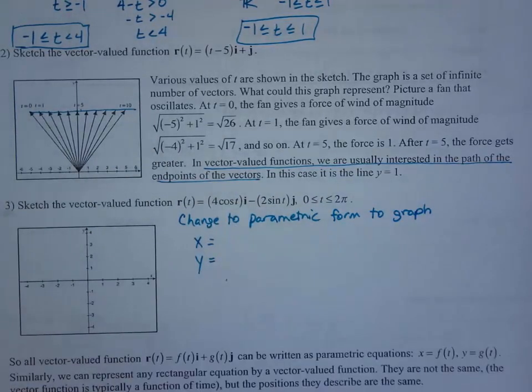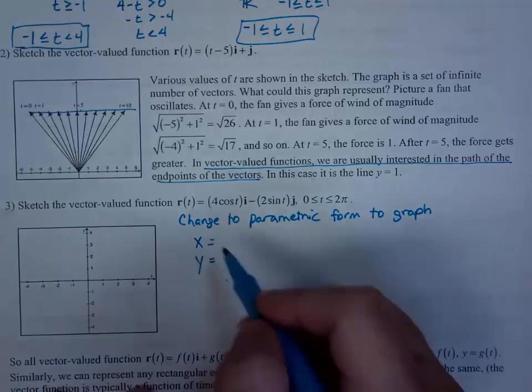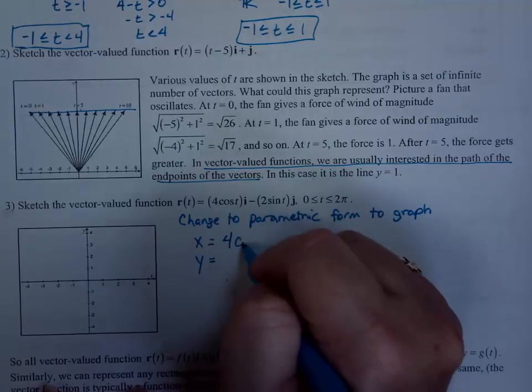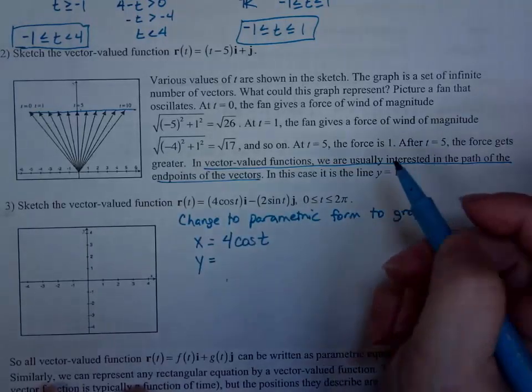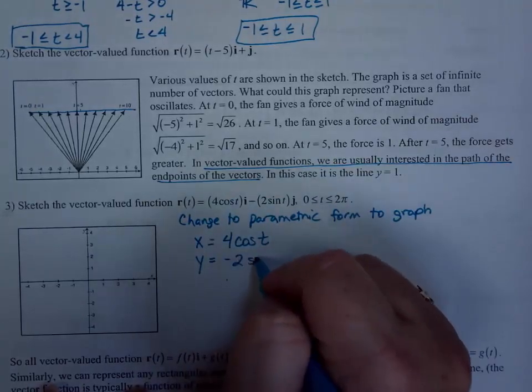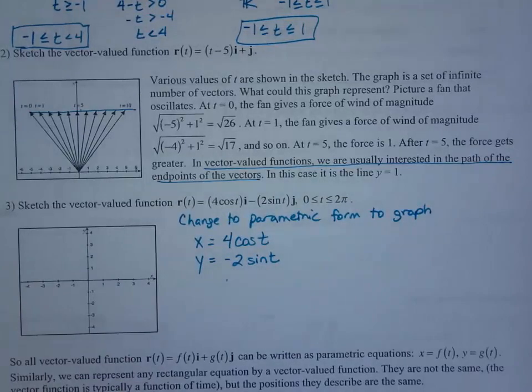Remember, i is a vector going in the left and right direction, usually in the right direction. That's your x. And what's in front of the j, since j goes up and down, that's your y. So x here is 4 cosine t, and y is -2 sine of t. So all we do is pull out those functions in front of the i and j to create our parametric equations. Okay? So now take your calculator, please.